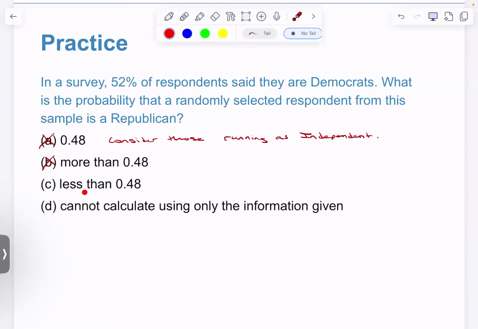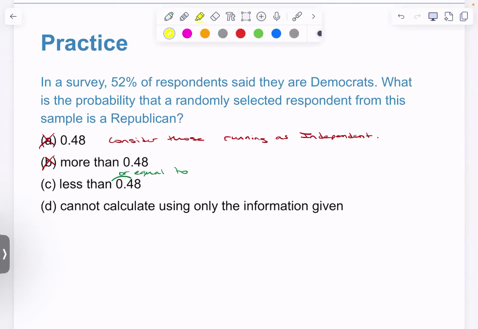I would feel comfortable saying less than 0.48. I would even say less than or equal to 0.48, if there were no independents that year or whatever's going on. That's a possibility. But I would say less than or equal to, allowing for the equality, but not forcing it.